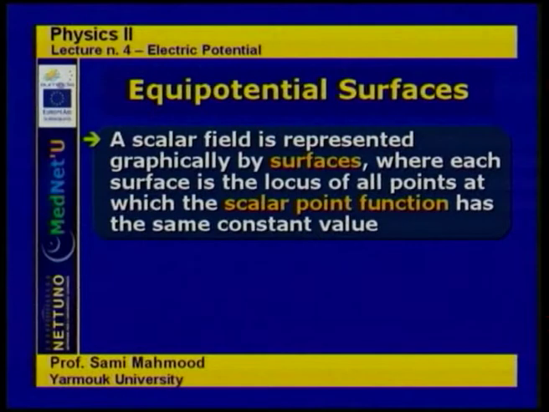So to begin with, we mentioned that a scalar field is represented graphically by surfaces, where each surface is the locus of all points at which the scalar point function is constant, has a fixed value.